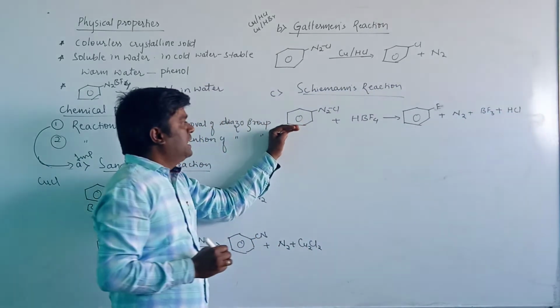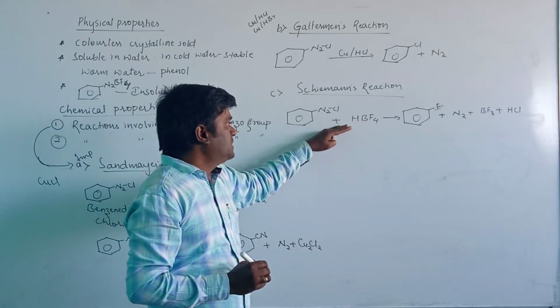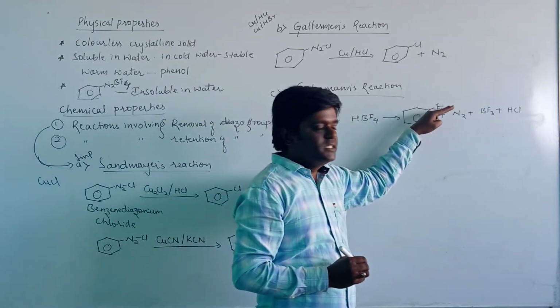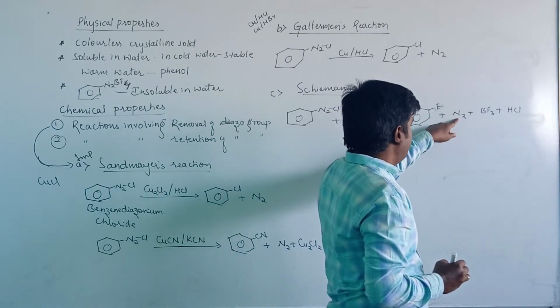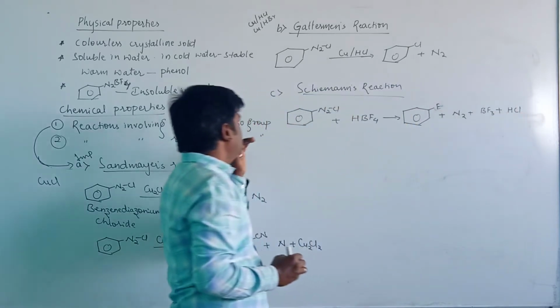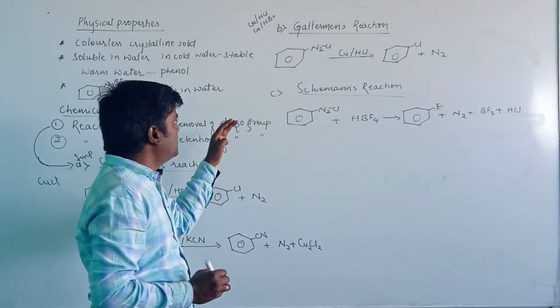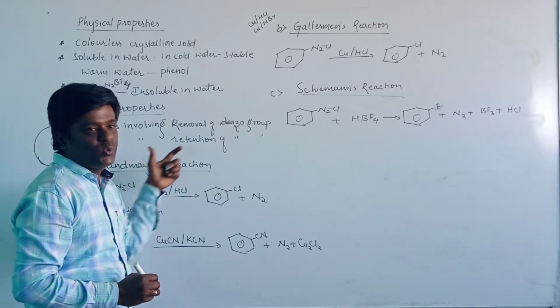When benzene diazonium chloride reacts with tetrafluoroboric acid, it gives fluorobenzene, and the byproducts are from the removal of the diazo group, forming BF3 and hydrochloric acid. This is about the third method, the third reaction involving the cleavage or removal of the N2 group.